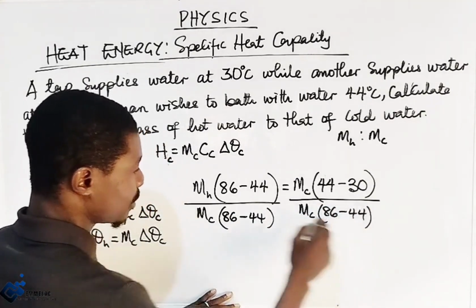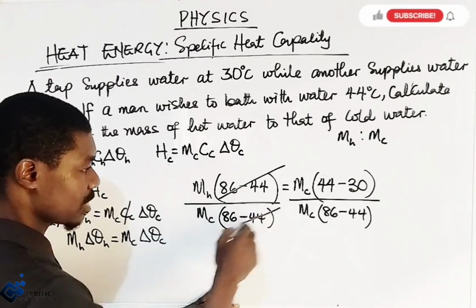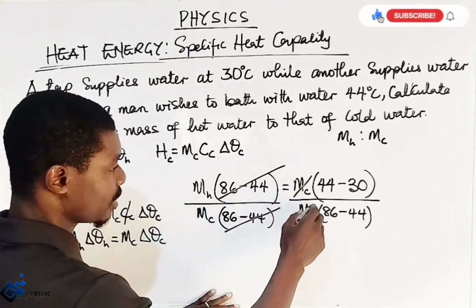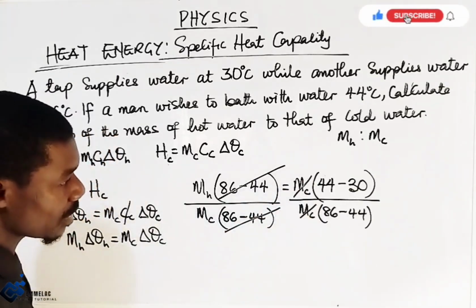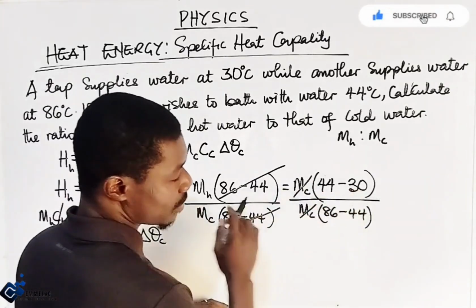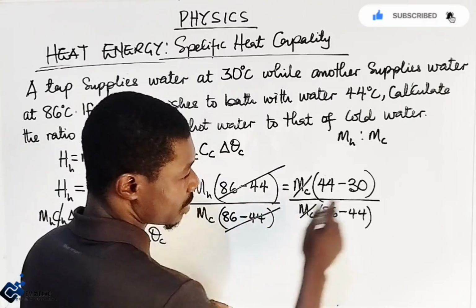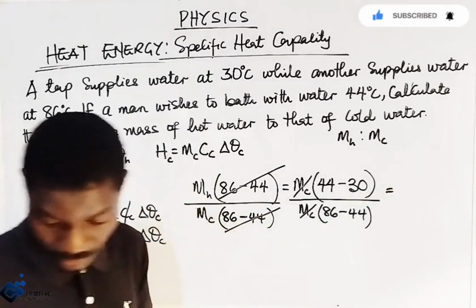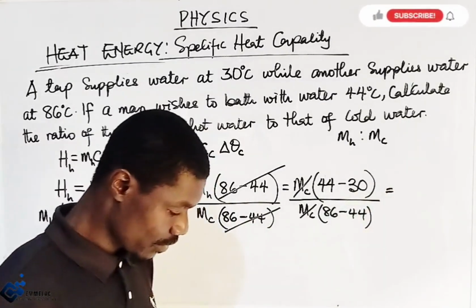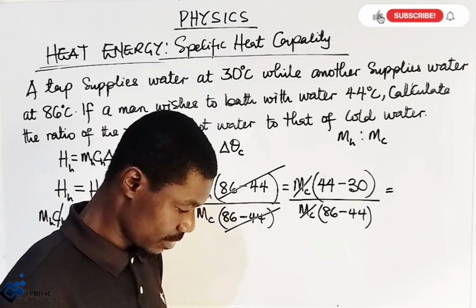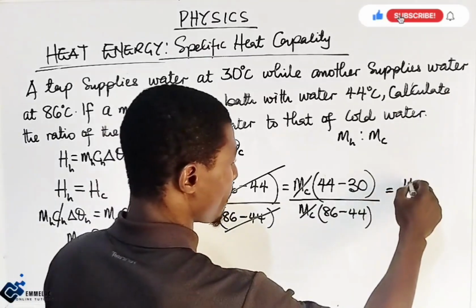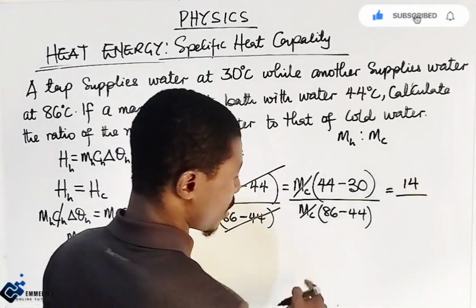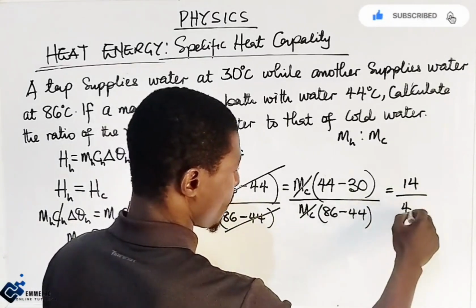So this will eliminate this, and 44 minus 30 should give us 14, then all over this should give us 42.